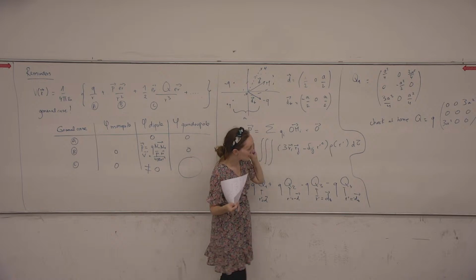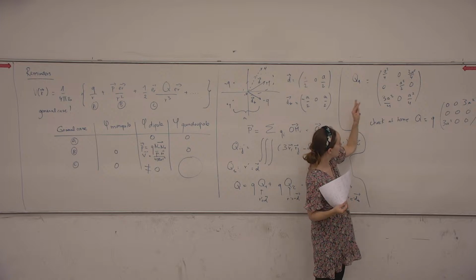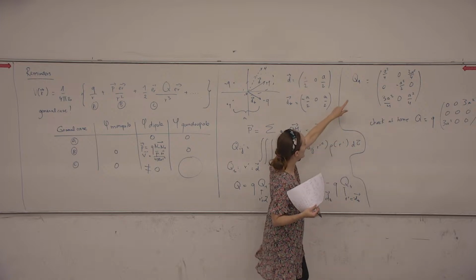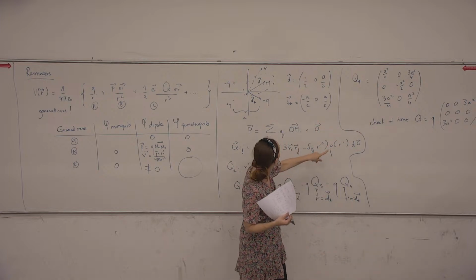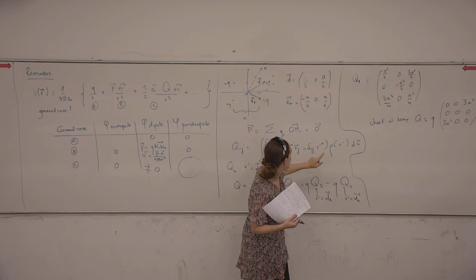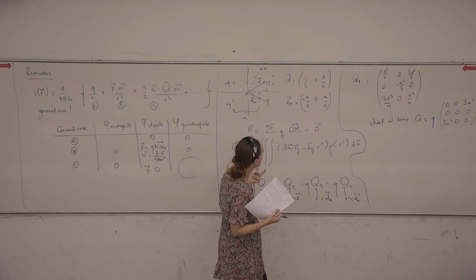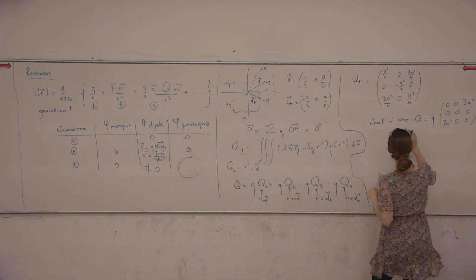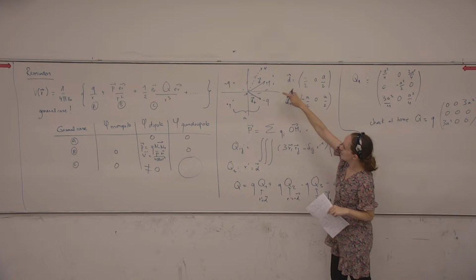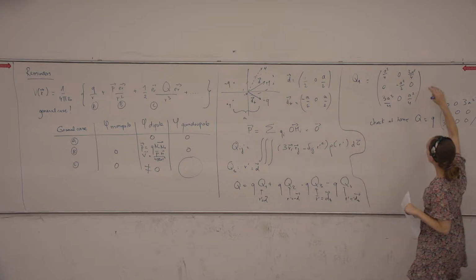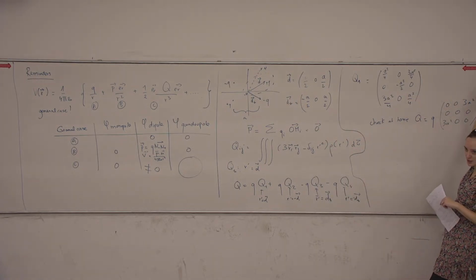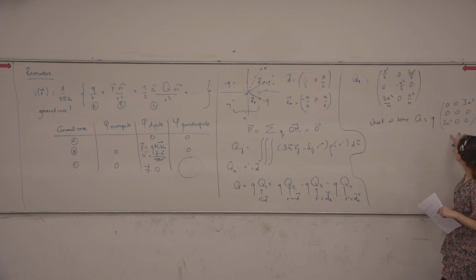Check at home that this is what you obtain if you replace R prime here by D. So if you do this for each of the charges, you will obtain 4 terms for Q, and when you sum them, you will obtain this.